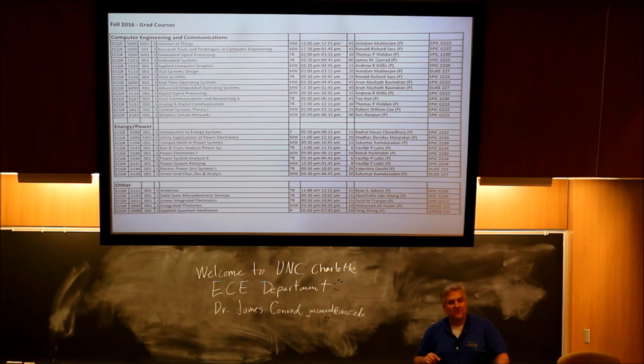On the back of that advising form, I provided for you a list of the graduate classes that master's students can take. If you're a PhD student, instead of the 6,000, you'll choose the 8,000 version. But wow, look at all those courses offered in computer engineering. We have 10 computer engineering courses.